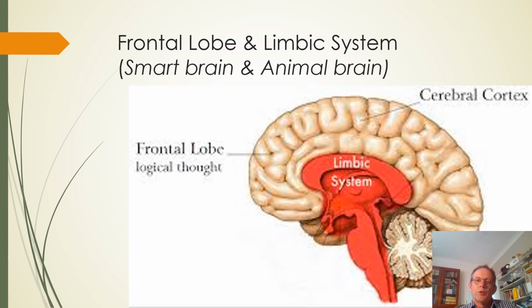It is the part where our fundamental drives are sensed and basic behaviours are learned. So the drive for relieving thirst and hunger and reproduction, safety, social dominance, and that sort of thing is held within the limbic system.